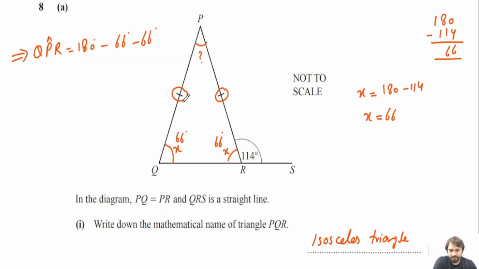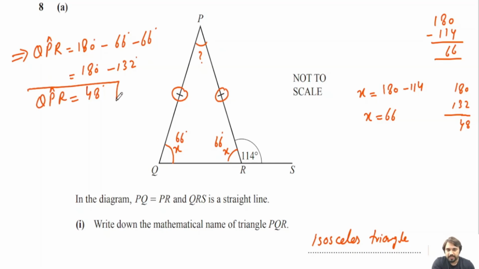Or you can use the rule, the sum of interior angles of a triangle add up to 180 degrees. 66 plus 66 is 132 degrees. 180 minus 132 gives 48 degrees. So angle QPR is 48 degrees.